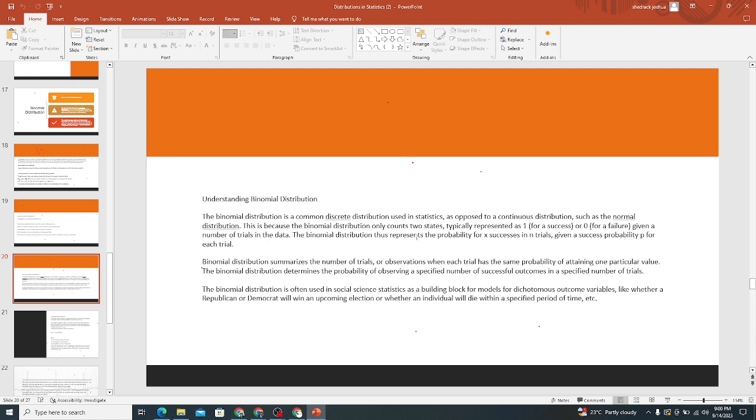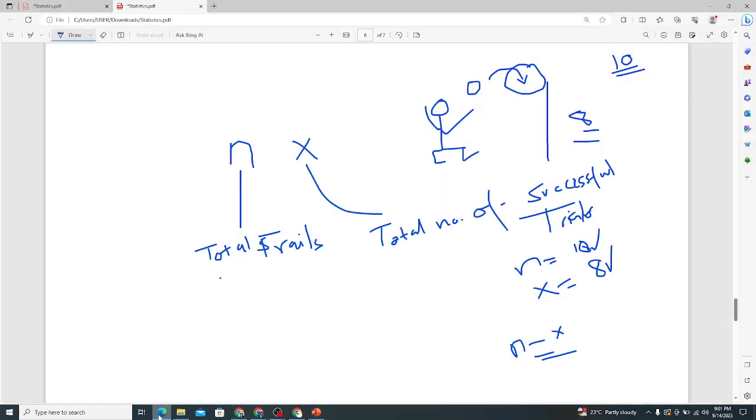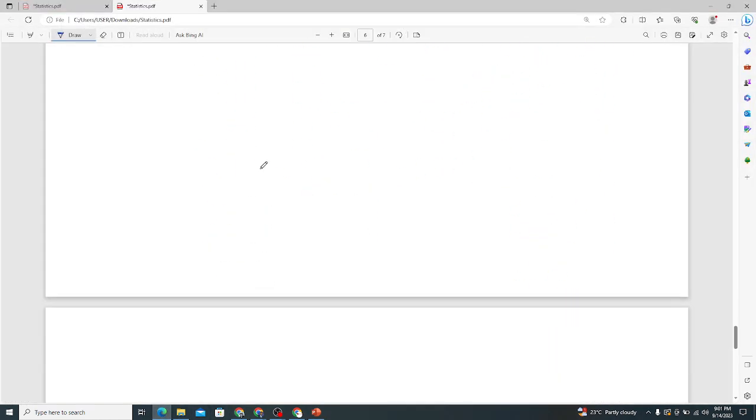The binomial distribution thus represents the probability of x, that is, the number of successes in n trials, given a success probability p for each trial. So the probability of success is always denoted by what?